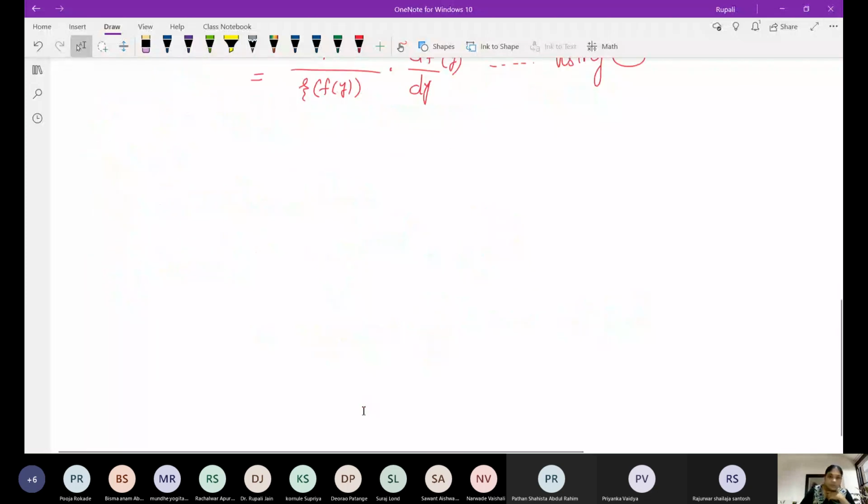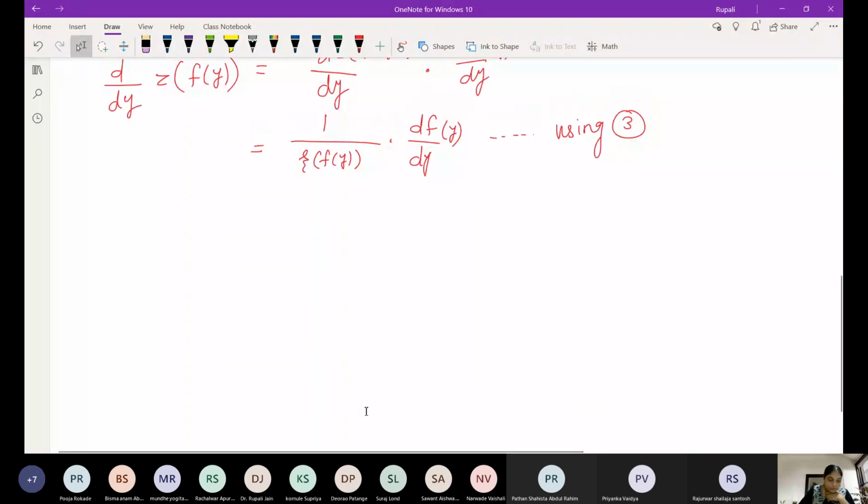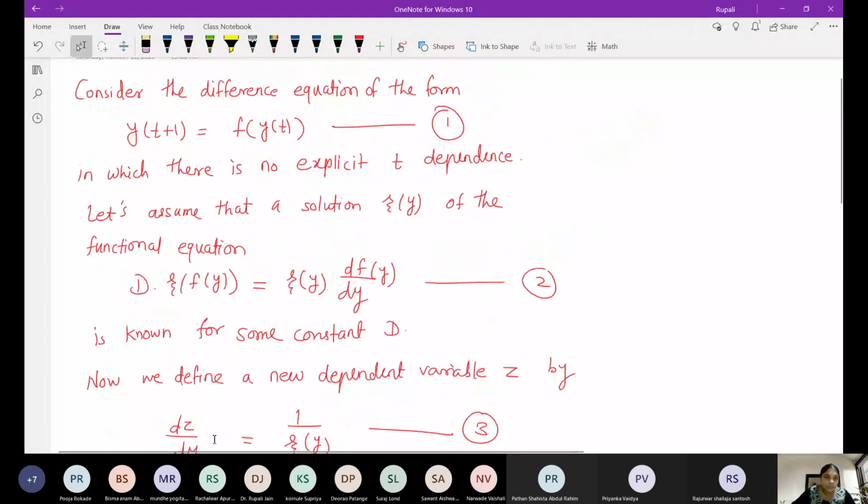Which is equal to d upon xi of y. Again, this is by equation 2. What is 2? d times xi of f of y is xi y d f y by dy.